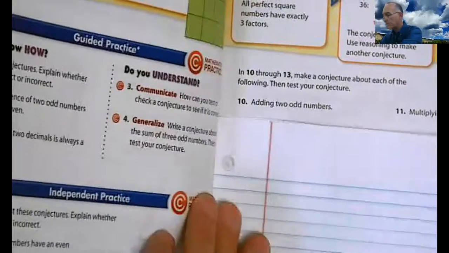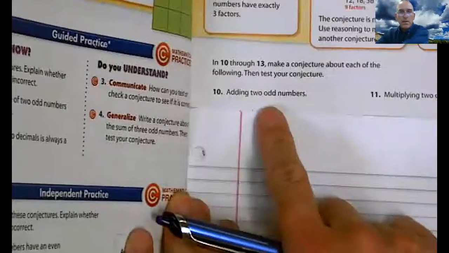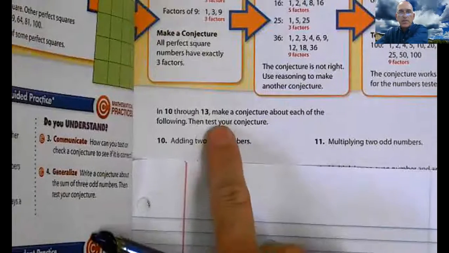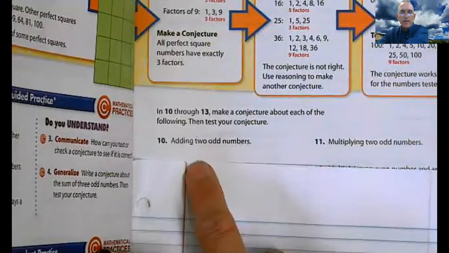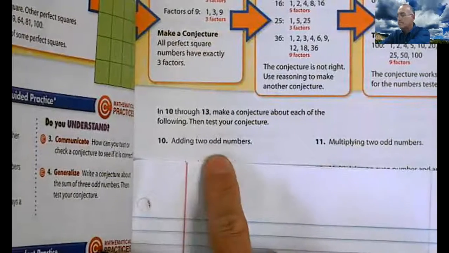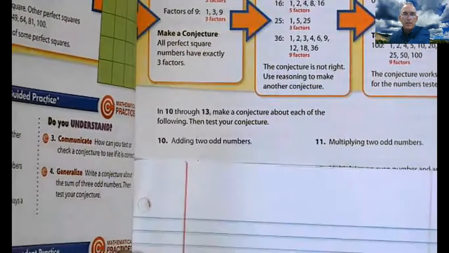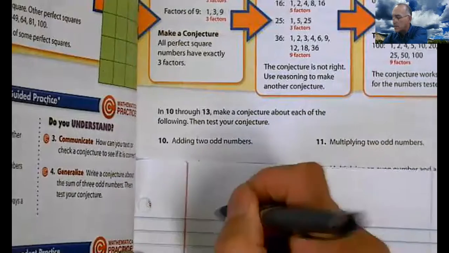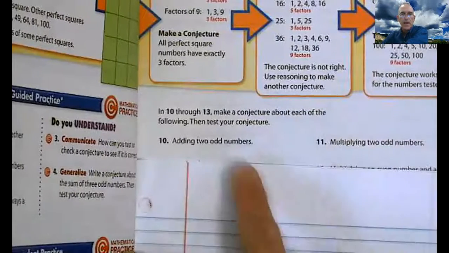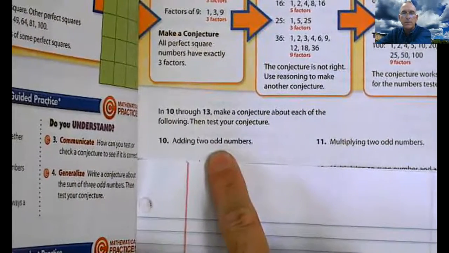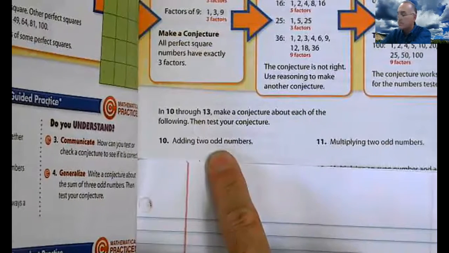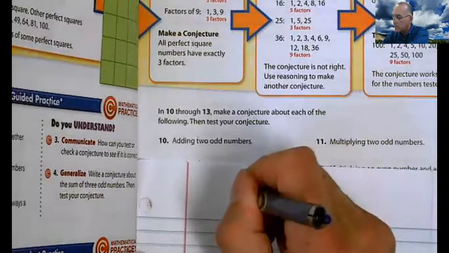Let's look at these. It says, sorry guys, make a conjecture about each of the following, then test your conjecture. Adding 2 odd numbers. Adding 2 odd numbers will always result in an even number. Is it true?